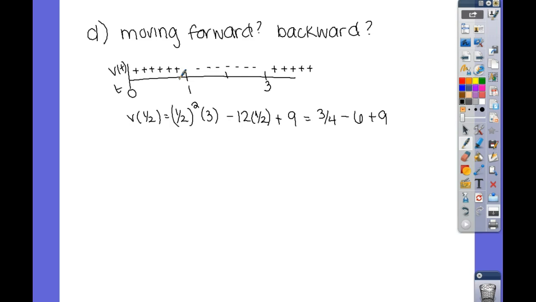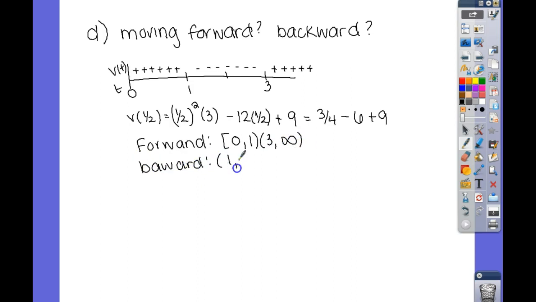Right. So if it's positive from 0 to 1 and 3 to infinity, then it is moving forward. Backward, 1 to 3.